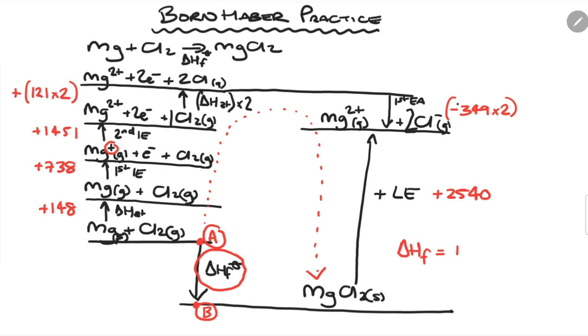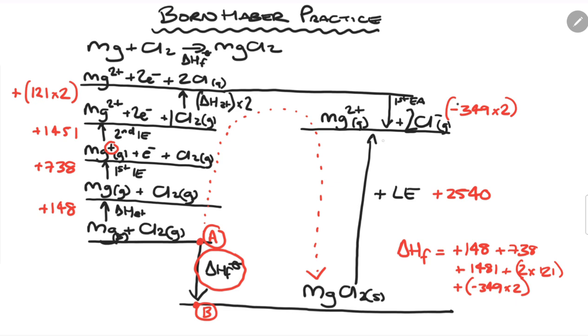So the plus 148, its arrow is going from bottom to top, so it's going in the correct direction, as is the second value, the 738, as is the third value, the 1451, likewise the 2 times 121, as also is the electron affinity value.